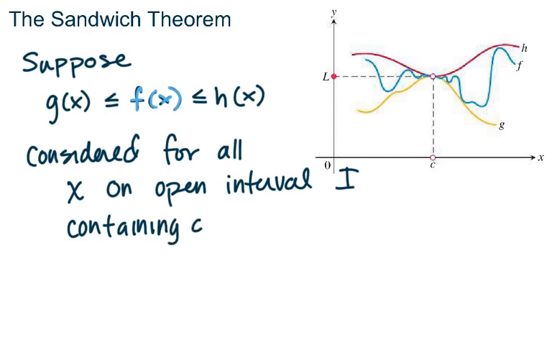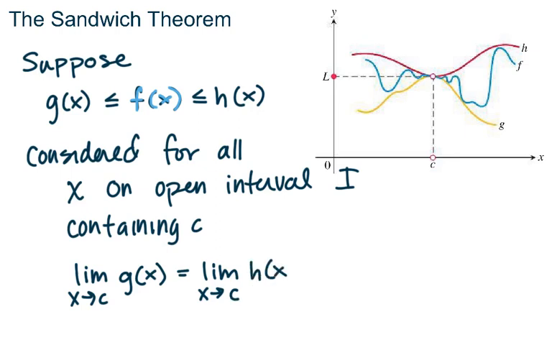Okay? So, if we know that the limit as x approaches c of g of x equals the limit as x approaches c of h of x, which might be some value L.